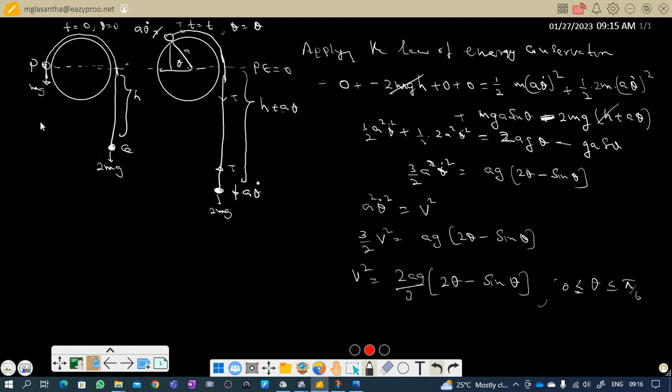Then they ask, in the subsequent motion, particle P comes to this point. It might travel as a projectile and also come to this level. This is A. When it is a distance A below the starting point, you have to find the velocity of particle P. So you can take V dash.